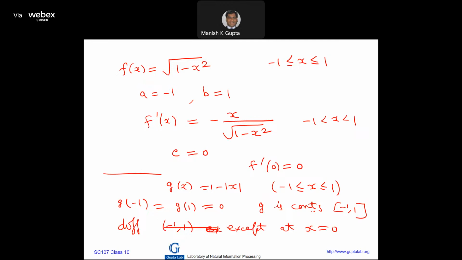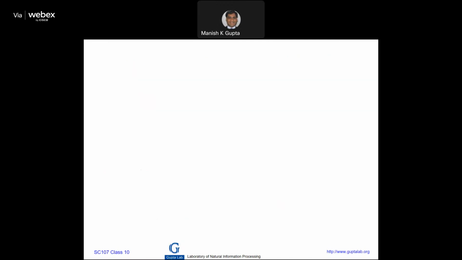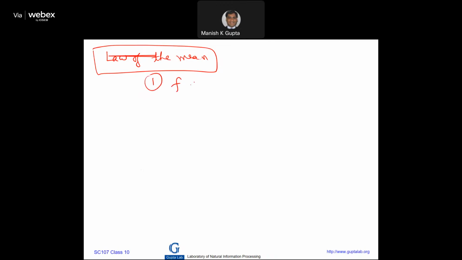So now we come to the next result, which is the law of the mean. First property: the function is continuous. Suppose f is a continuous function on the closed and bounded interval a, b on the real line.